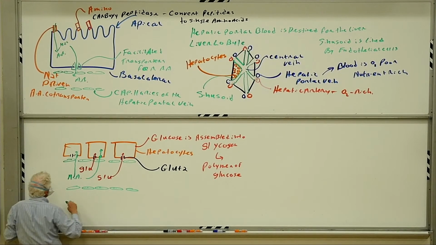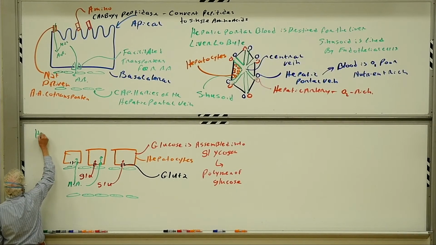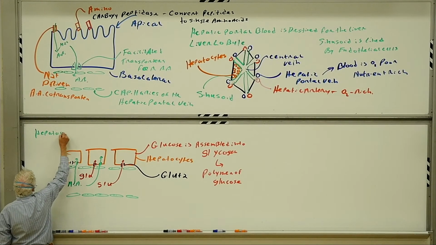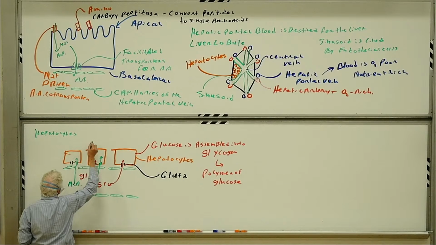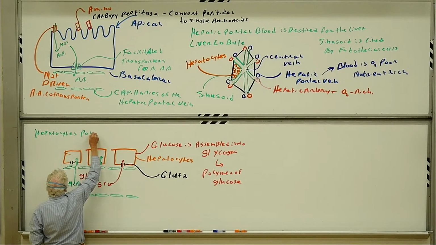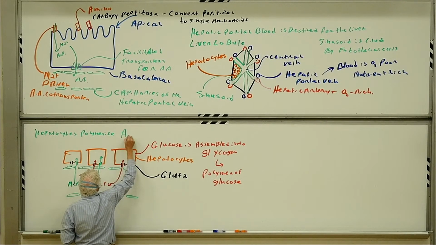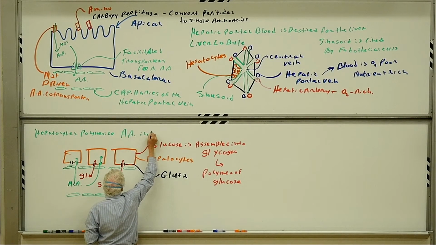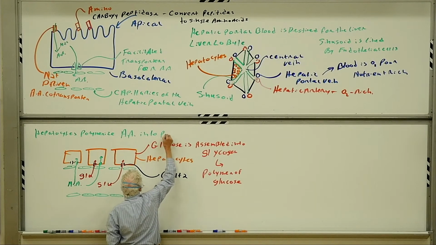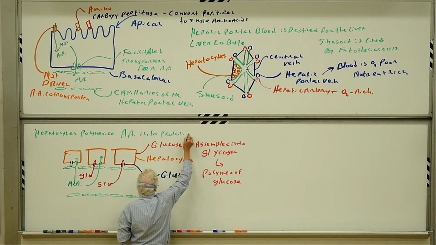And once in the hepatocytes, they polymerize amino acids into protein, of course. Most of it is albumin.